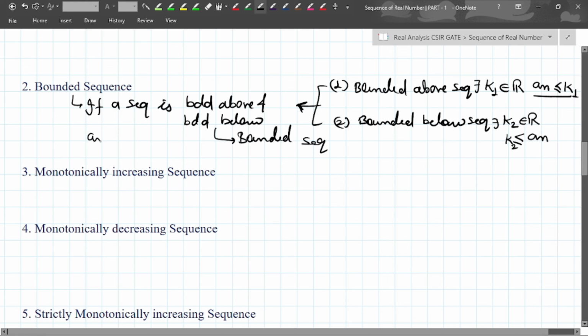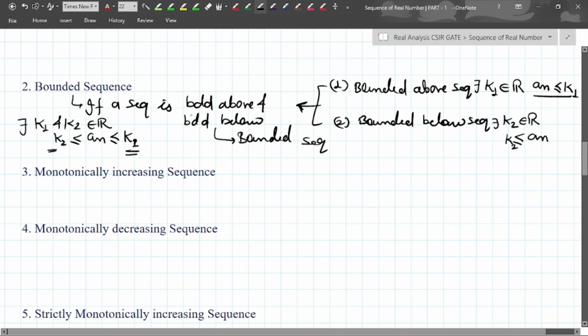It means each and every element will be less than k1 and greater than k2. There exist k1 and k2 in the real numbers, and these are the upper bound and lower bound.